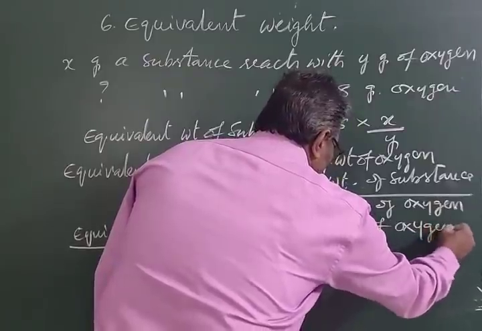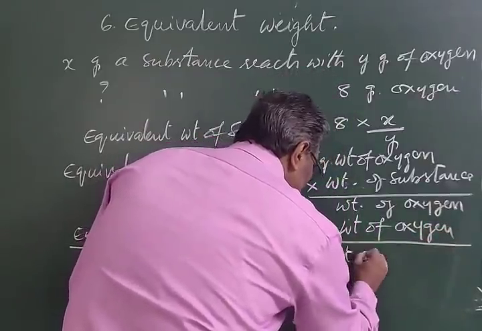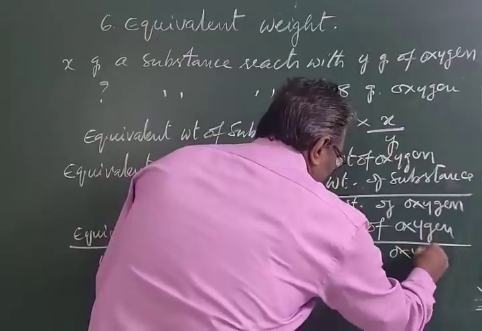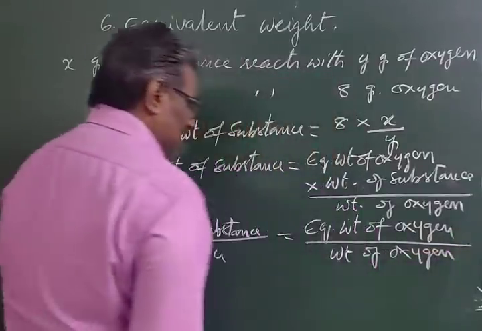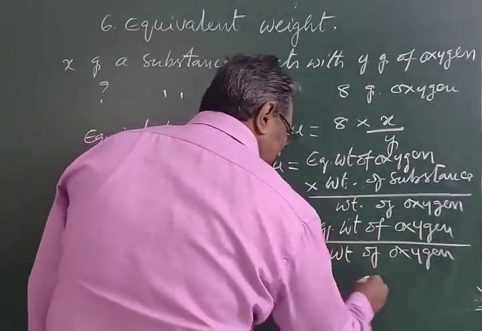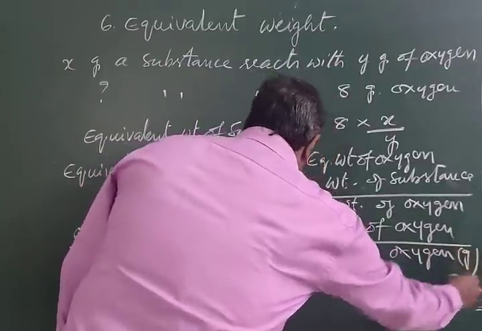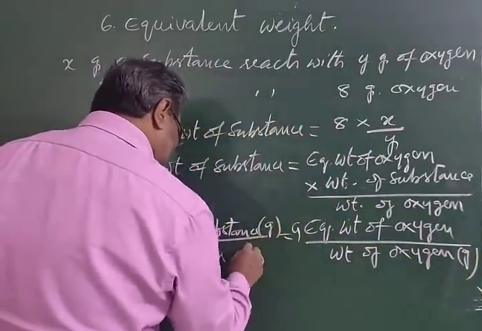Equivalent weight of oxygen by weight of oxygen, or gram equivalent weight of oxygen by weight of oxygen in grams. These are all expressed in grams.